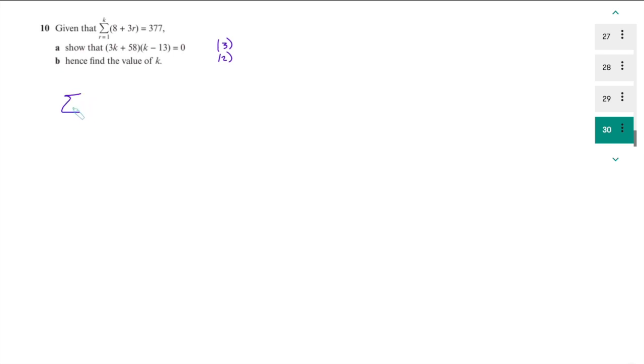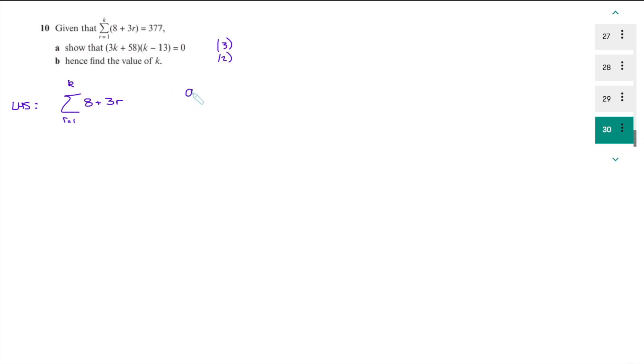Let's go. A good way to do this is to say left hand side, right? So the left hand side of what we have got here is, let's just look at this. We've got the sum from R equals 1 to K of 8 plus 3R. Now if you can recognise that's an arithmetic sequence, then you can simply work out what we need.